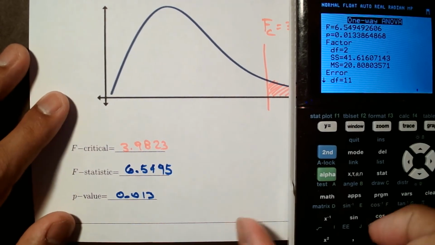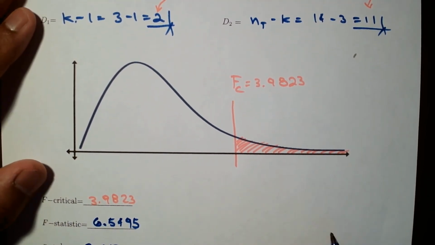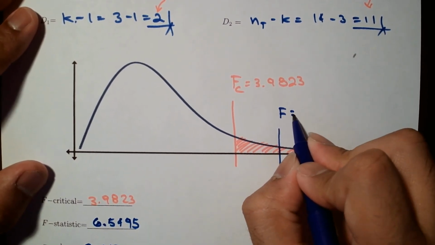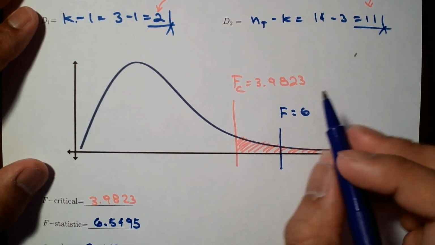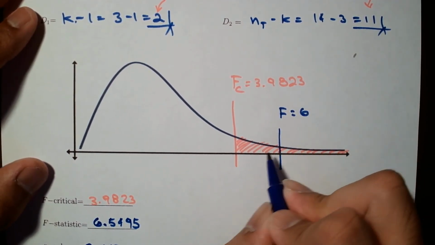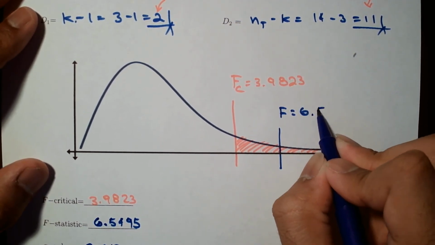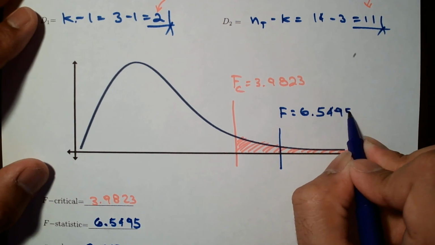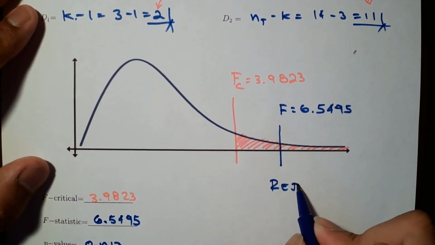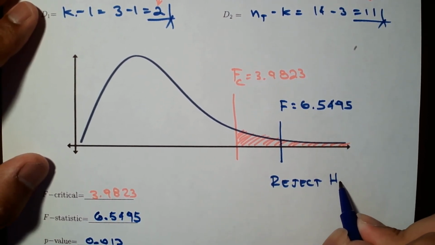0.013. Okay, and with this we're ready to just say that in this case we have enough evidence that there is a difference in gas mileage between the 3 car models, because our statistic value 6.5495 fell in the shaded region. So in this case, reject H0.